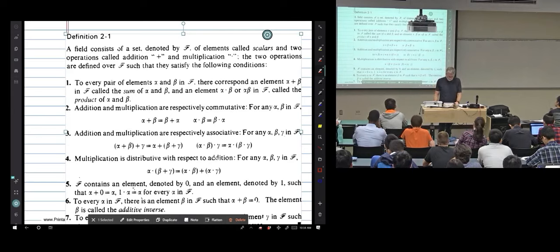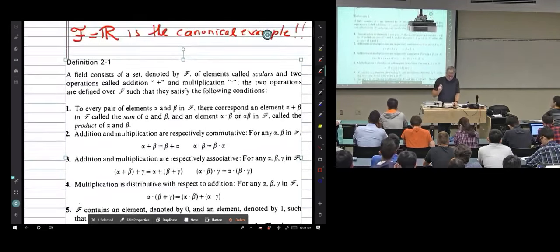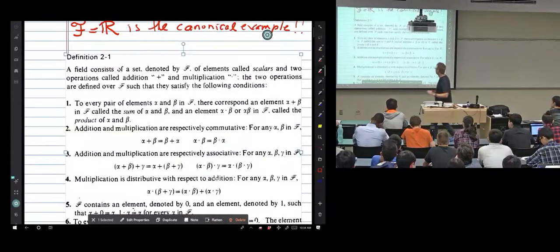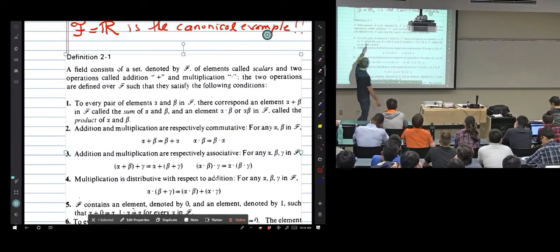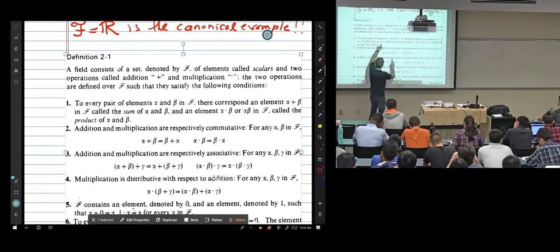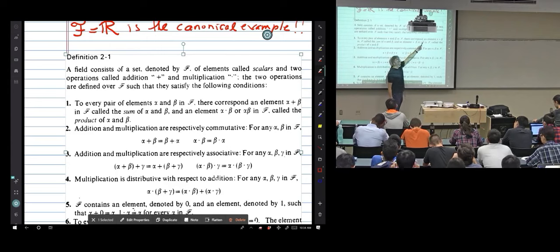So they're using the dot for multiplication. And so think about the reals when we go through this, and make sure that all of this stuff makes sense. So for every pair of scalars, I need to be able to define their sum and their product. And the sum we call alpha plus beta, and the product we call alpha times beta. And then often we just leave out the dot, okay? So I'll typically just leave out the dot.